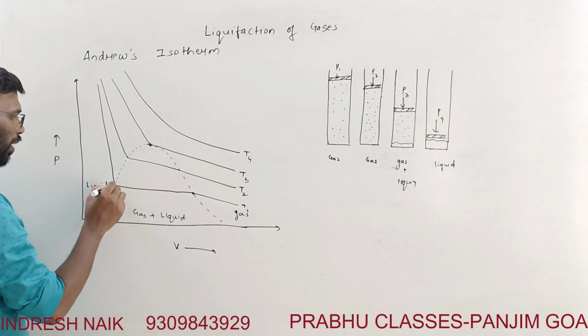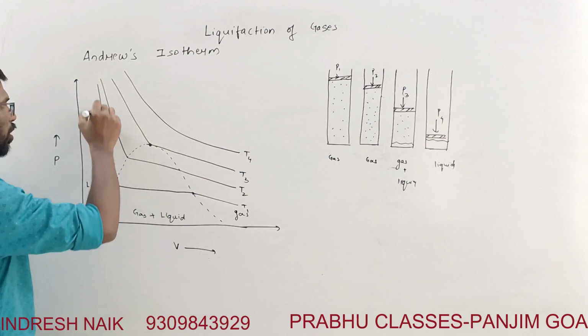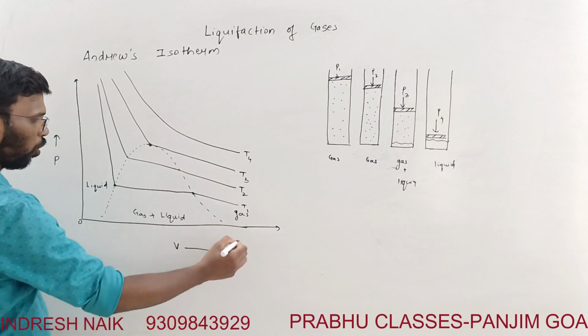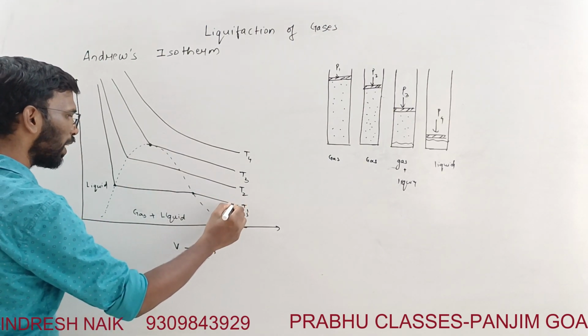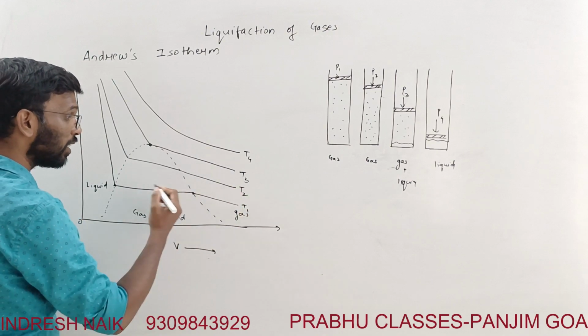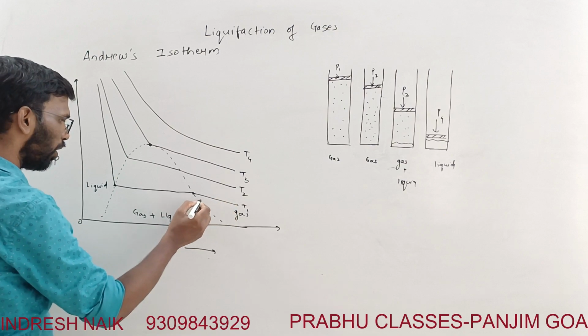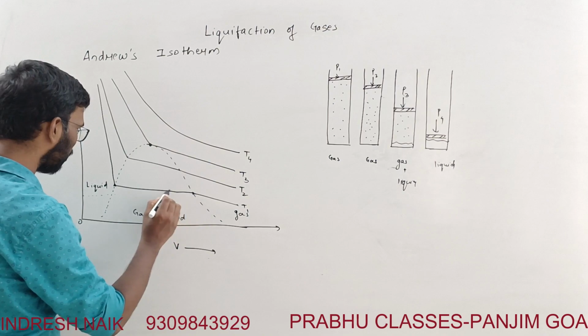Now after that there is hardly any change in volume. Why? This is zero, this is how pressure is increasing, this is how volume is increasing. We are decreasing the volume, which means we are increasing the pressure. Earlier the pressure was here, now the pressure is here.